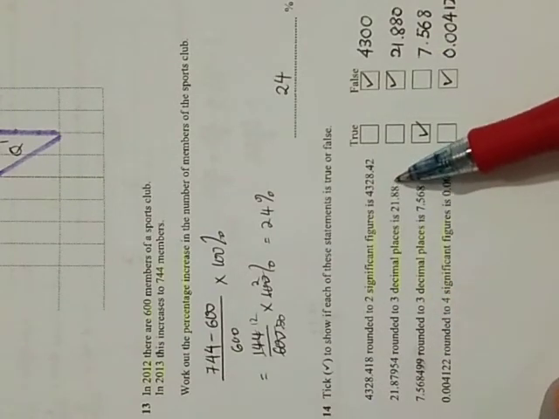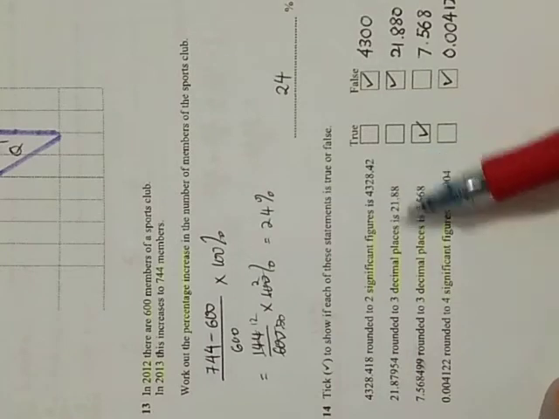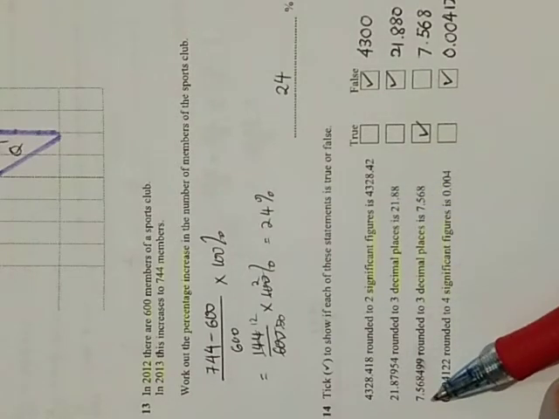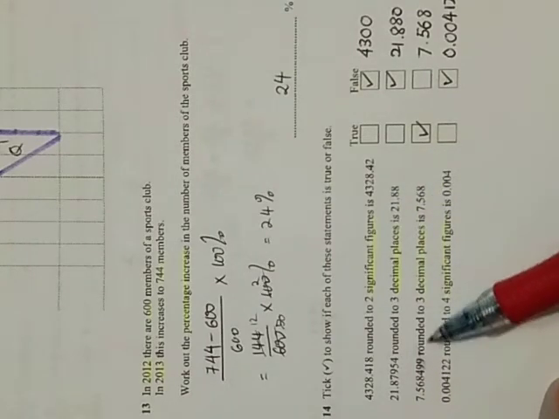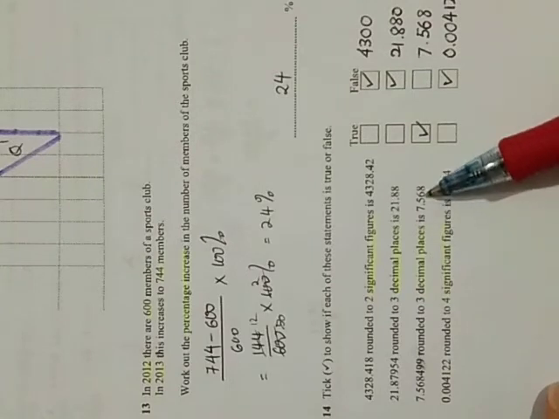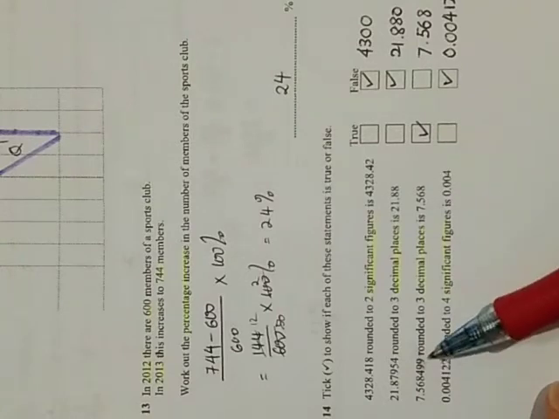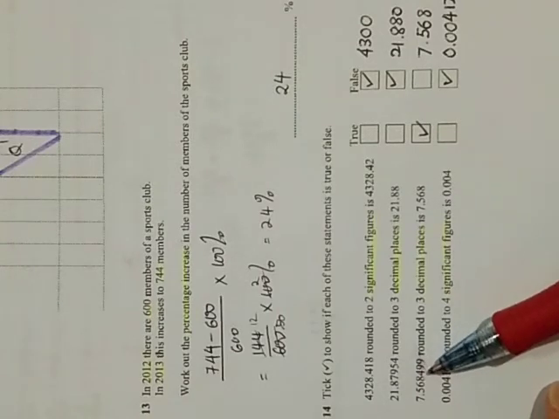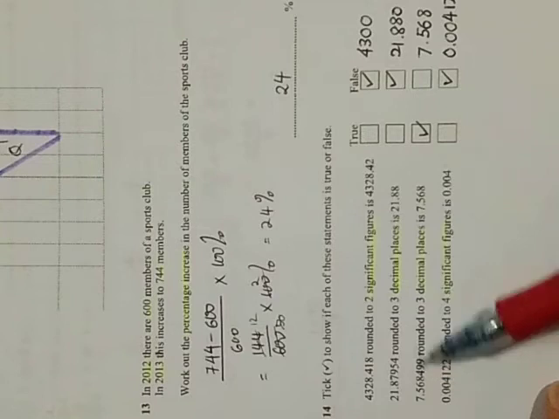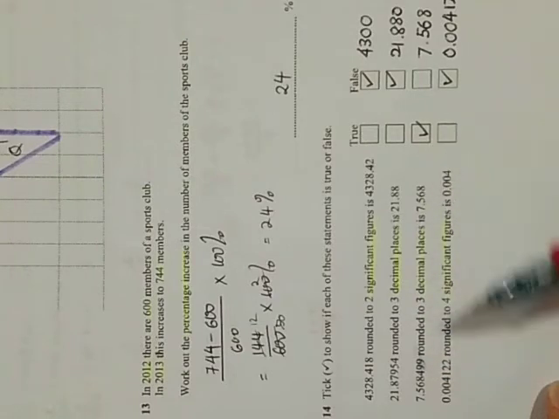The 0 here is important. All right, so 7.568499 rounded to 3 decimal places. It is 7.568 because this is 499. This is still rounding down, not up to 8. So it is true.